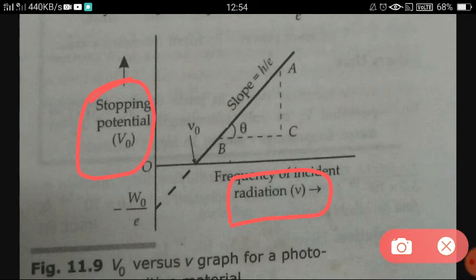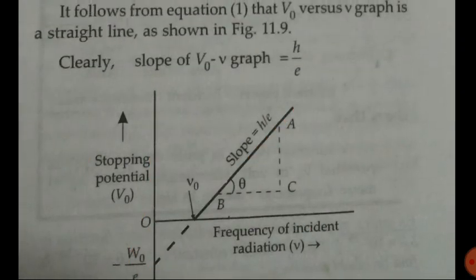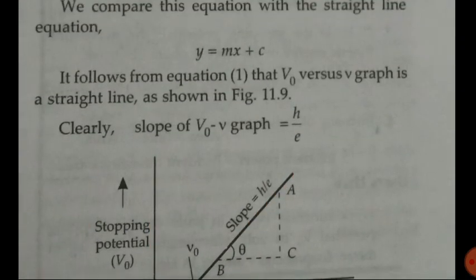When we draw the graph between them, we get a straight line with slope, and that slope is equal to h upon e. When we extrapolate the line in the backward direction, in the negative x and negative y axis, it meets the vertical axis at one point, which is given by minus W naught upon e, represented by c in this equation.